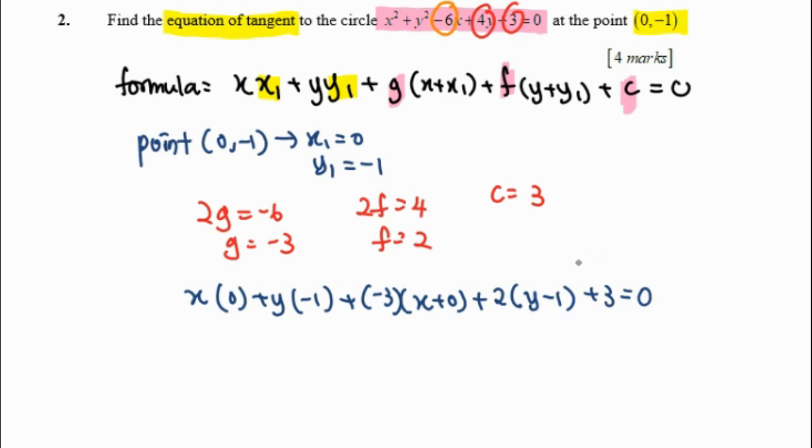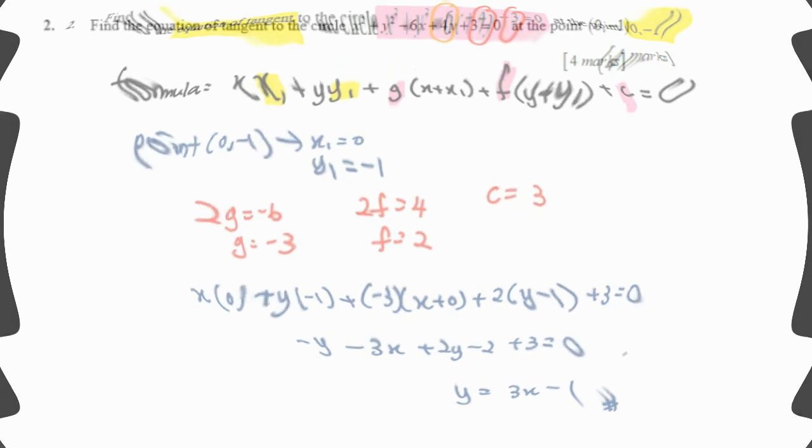Then we need to rearrange our equation of the tangent in the form y equals mx plus c. So here we get negative 3x plus 2y minus 2 plus 3 equals 0. Then we get y equals 3x minus 1. So this will be our equation of the tangent by using the formula.